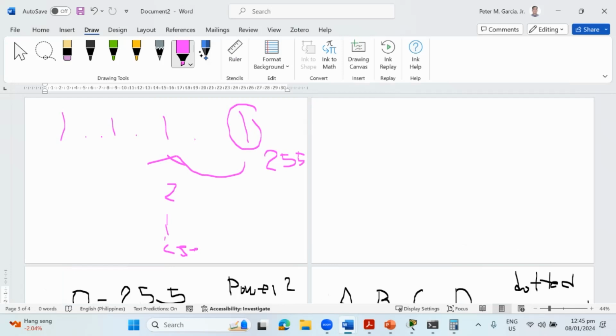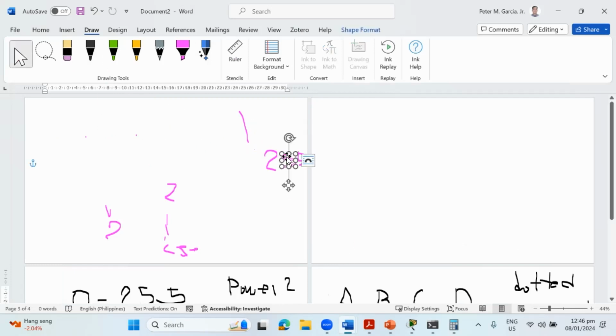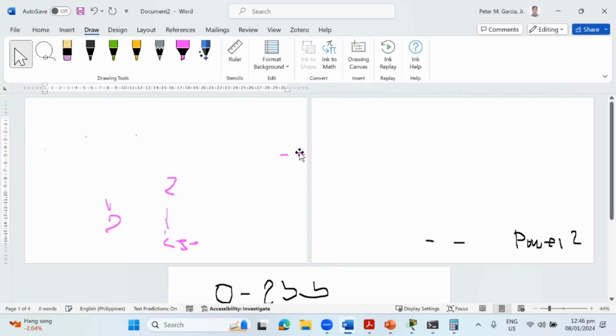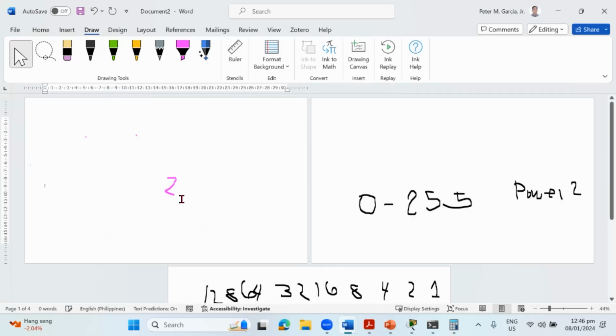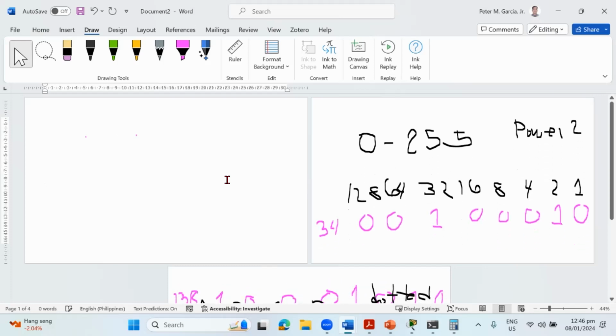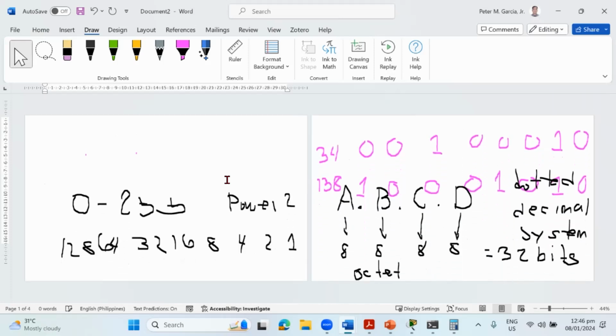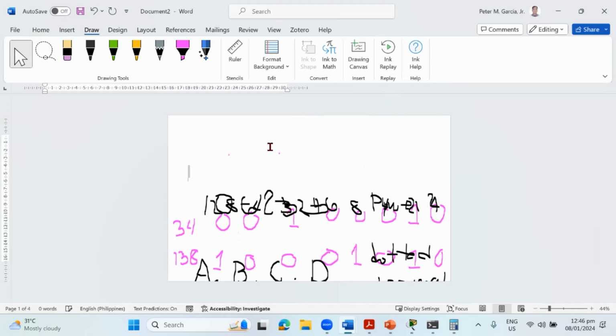Tapos ito, pag nag-255 naman, dito magiging 2 and so on and so forth. Kaya nakukuha yung mga ranges na yon. Kaya nakuha yung mga 16 million number of component natin. Nagpapalit yung number kasi.